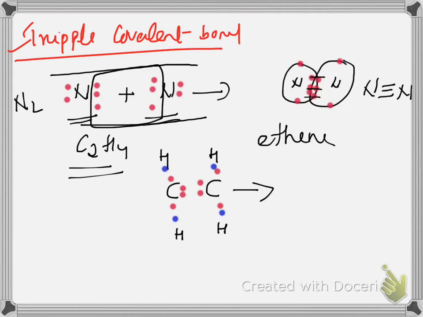Each hydrogen needs 1 more electron, which is available from the carbon, and this carbon needs 4 more electrons.